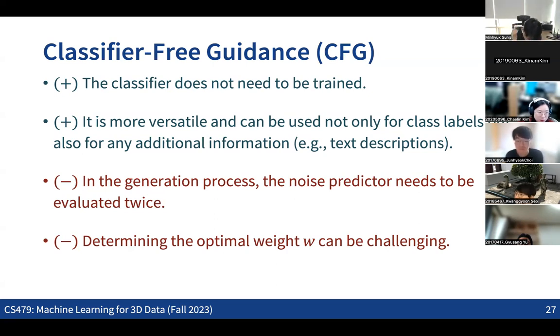And you also need to choose the optimal weight W. Depending on which W you choose, the quality can even get worse. So it's very crucial to choose the optimal weight W to get the best quality. So that's the basic idea of how we can improve the quality and also the speed of the diffusion models.